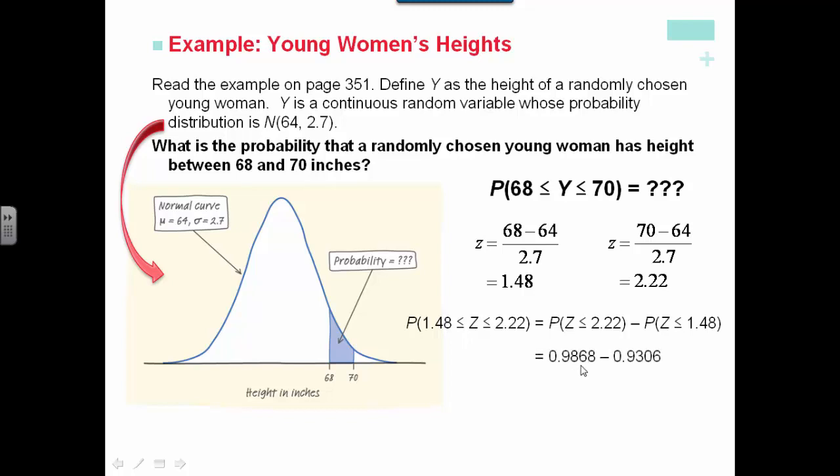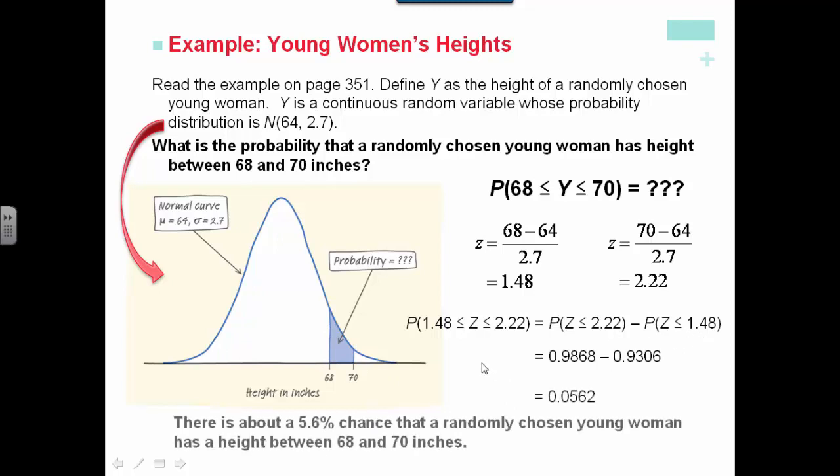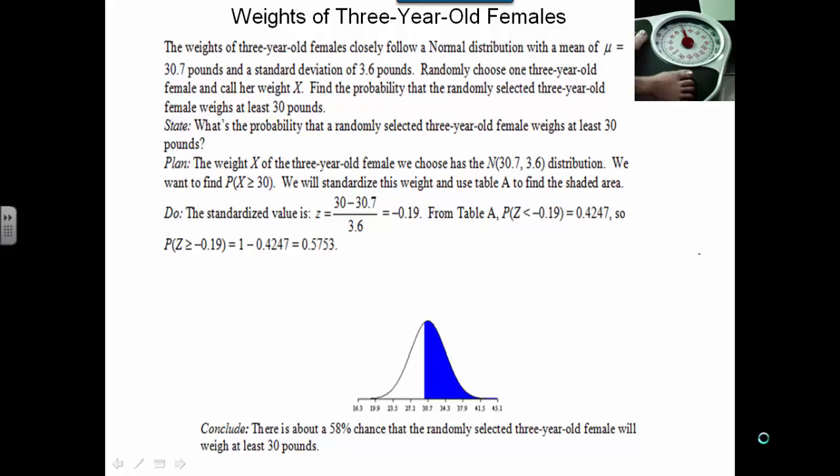Find the values from our table or graphing calculator. Remember the area is figured out to the left, so we want the area for 70 minus the area for 68, which is the 2.22 and 1.48. Subtract, 0.0562. So about a 5.6% chance a randomly chosen young woman has a height between 68 and 70 inches.